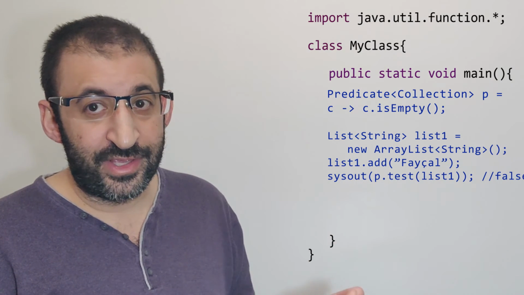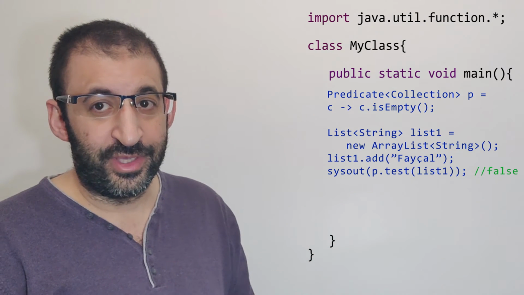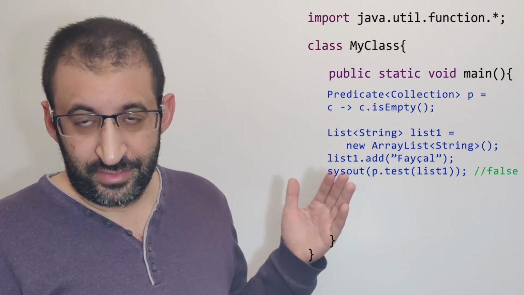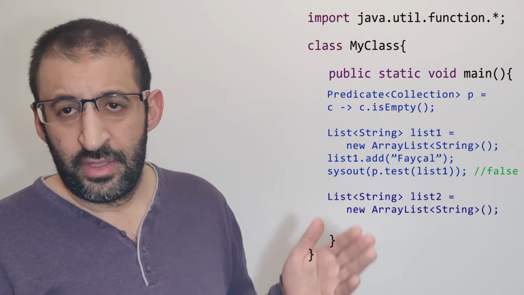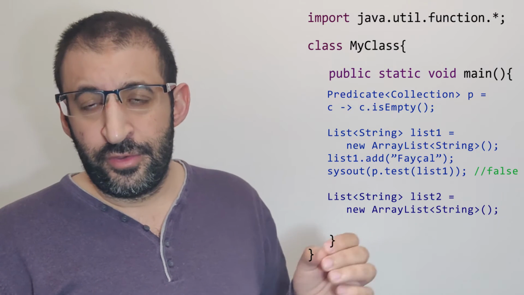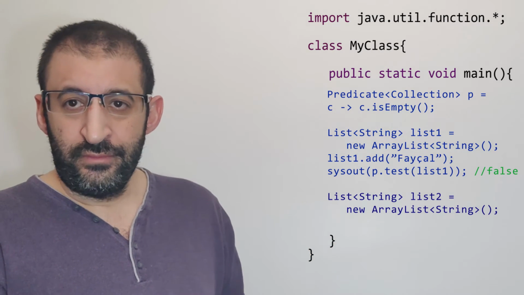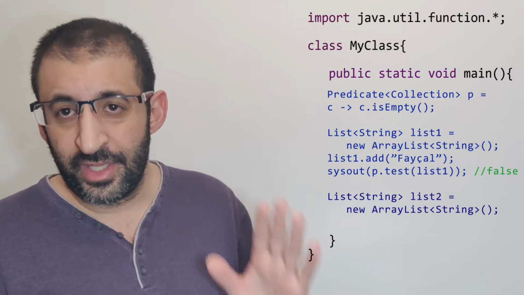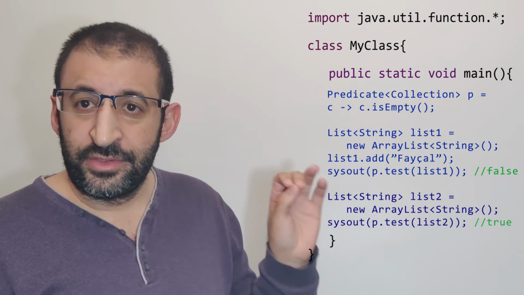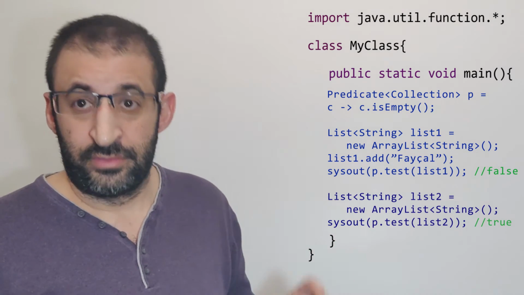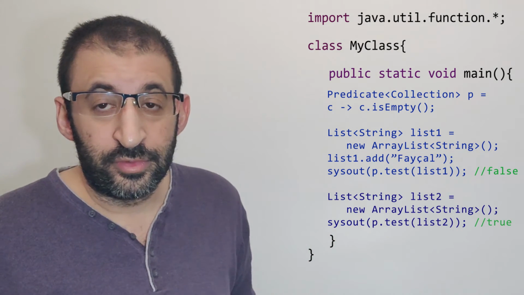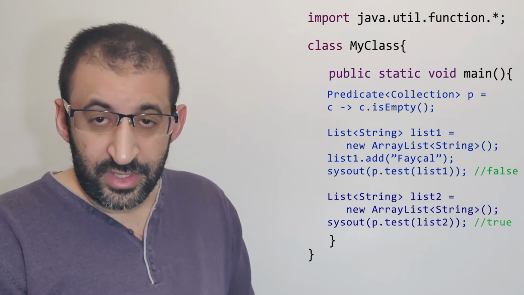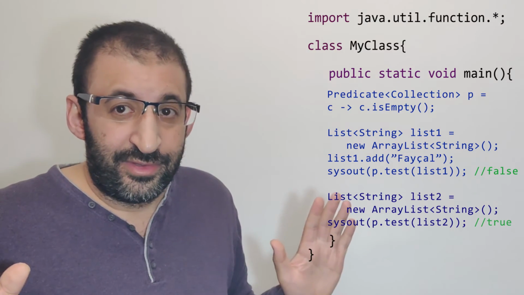Normally it is not the case, so I will get false. I will create a second list, list2 equal new ArrayList of String, and here I will not add an element. So I will make System.out.println c.test list2. I get true because my list2 is empty. So it's so simple like this.